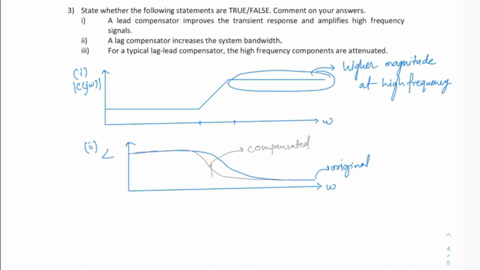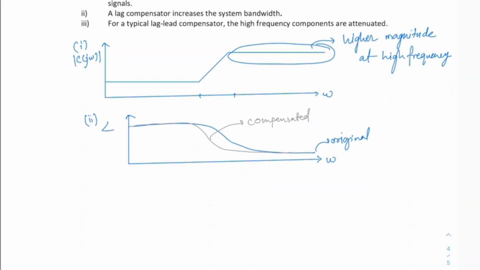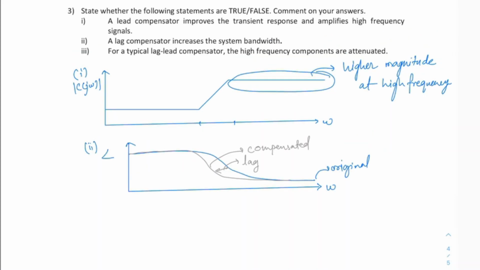So the crossover frequencies get shifted towards the lower side, and hence the system bandwidth would decrease, not increase.